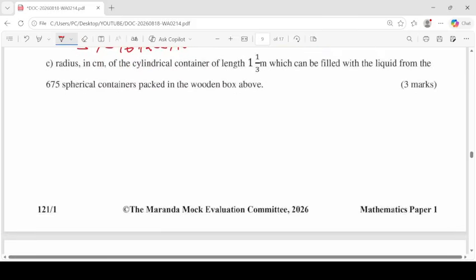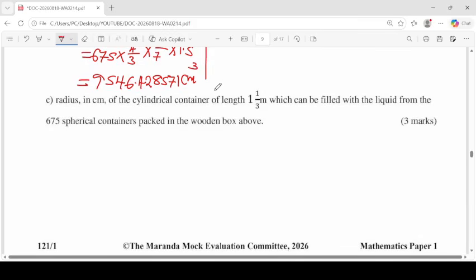Part C, the radius in centimeters of the cylindrical container of length 1 1/3 meters, which can be filled with the liquid from the 675 spherical containers packed in the wooden box above. So first of all, they want the radius in centimeters of the cylindrical container of this length, which can be filled with the liquid from the 675 containers.